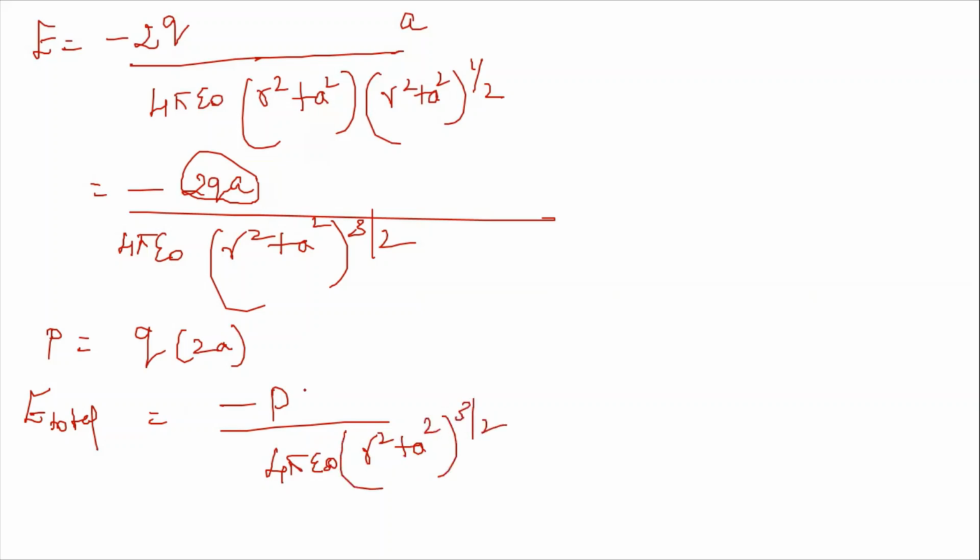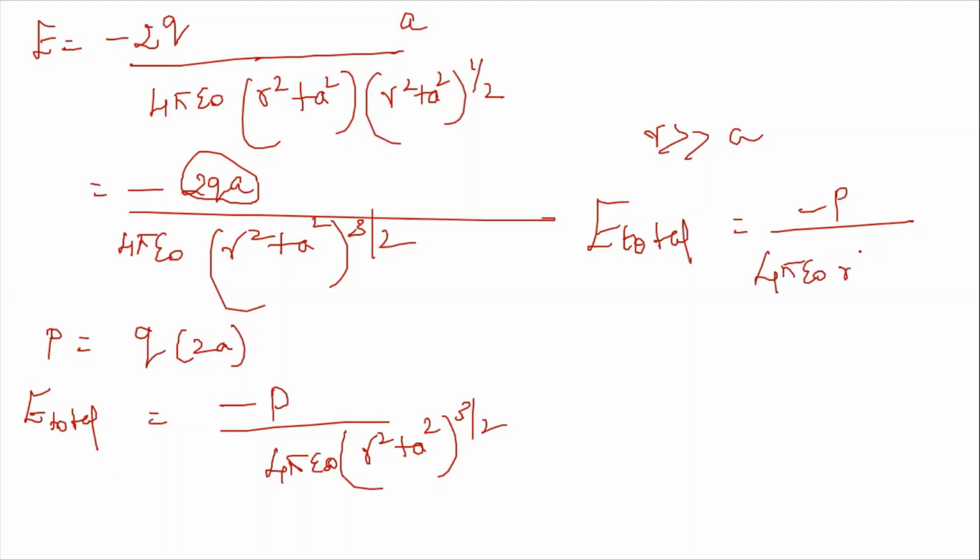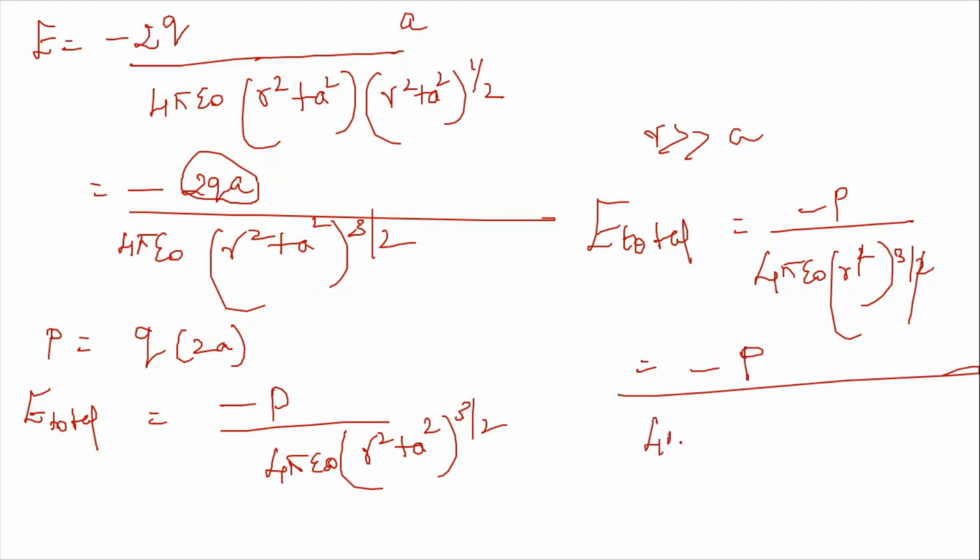Again, if the distance r is much greater than a, r is greater than a, this equation will reduce to E total is equal to minus P by 4 pi epsilon naught. Ignore a, okay? R square, the whole power 3 by 2. 2 will get cancelled. So you will get it as minus P by 4 pi epsilon naught R cube.